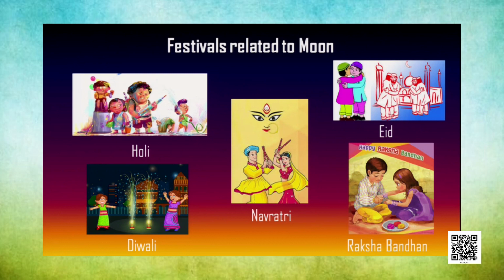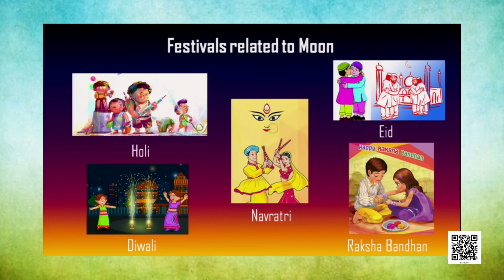Children, these are the festivals related to moon. I have got few examples like Holi. Holi is observed on Purnima. Okay, that is the full moon. Diwali is observed on Amavasya, that is new moon day. Eid is also related to the phases of moon.